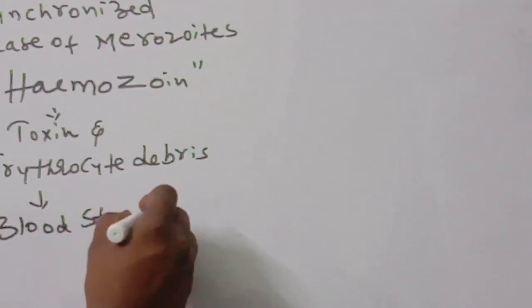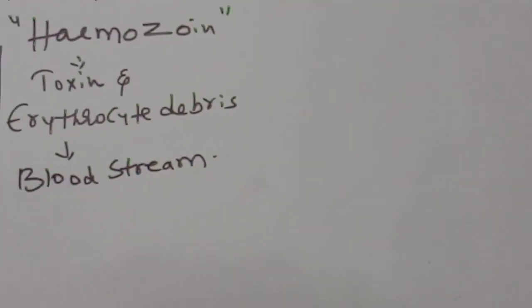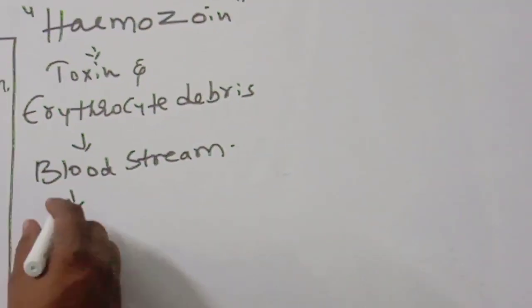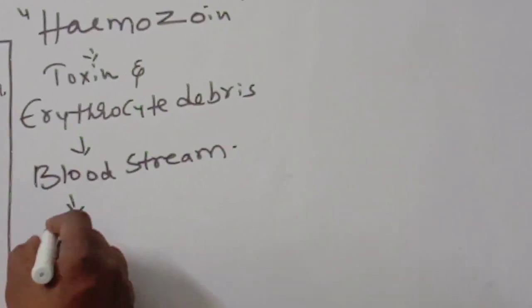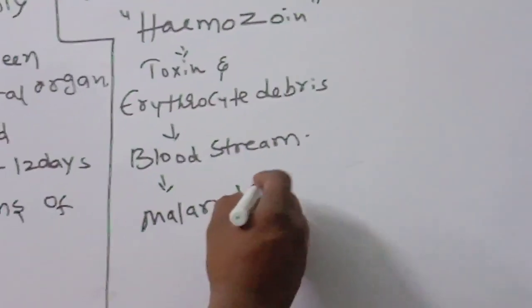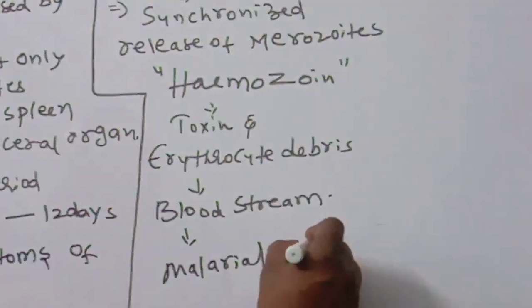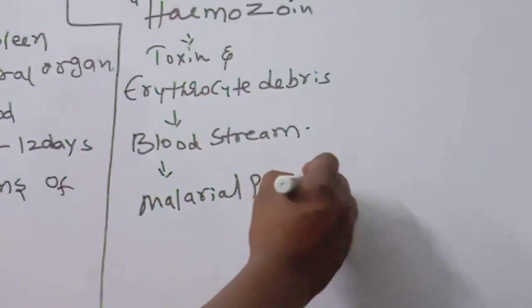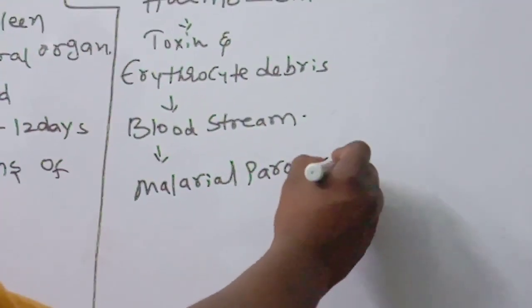The bloodstream. Erythrocyte debris enters the bloodstream, resulting in what will happen? Malarial paroxysms. What are those?